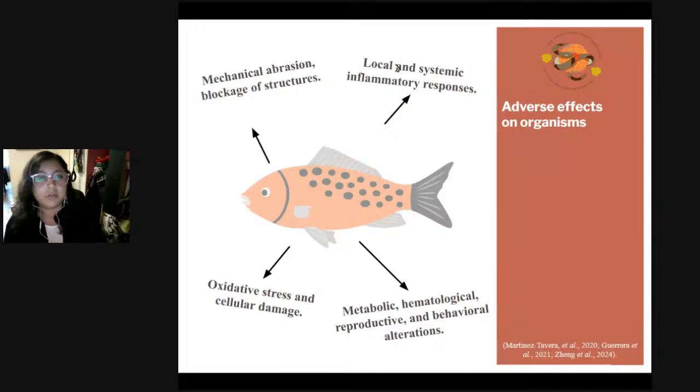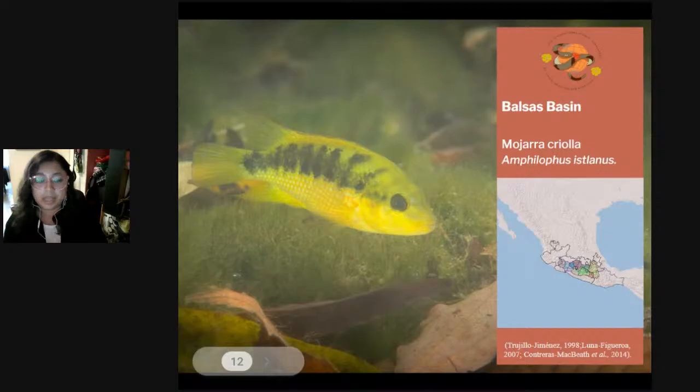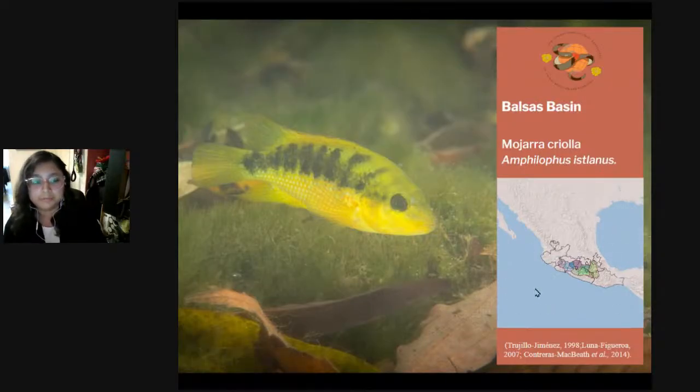The adverse effects of microplastics on organisms can be mechanical abrasion of vulnerable structures, local and systemic inflammatory responses, oxidative stress and cellular damage, or metabolic, hematological, reproductive, and behavioral alterations. Now, the organism that I'm working with, the Mojarra criolla, is native to the Balsas Basin in the central part of Mexico.